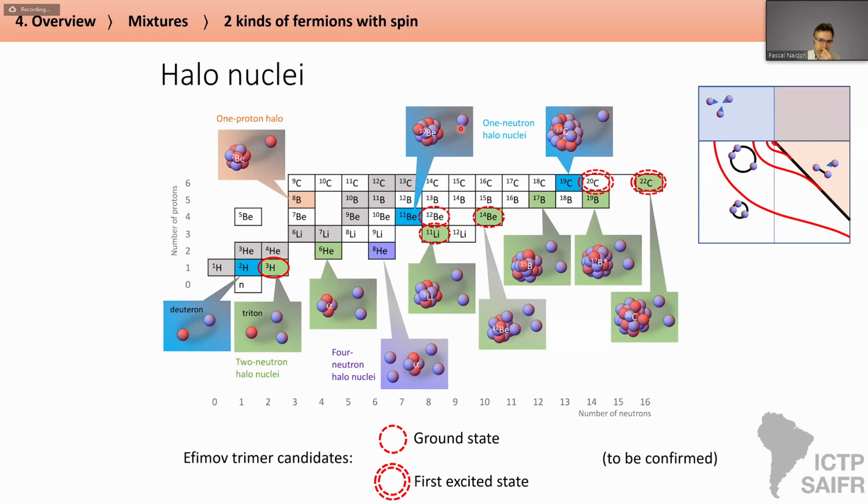So this kind of one-nucleon halo nuclei looks very similar to this idea of a halo dimer. And then it's natural to think that the two-neutron halo nuclei correspond to three-body systems that are similar to Efimov states. So are these halo nuclei related to Efimov states?